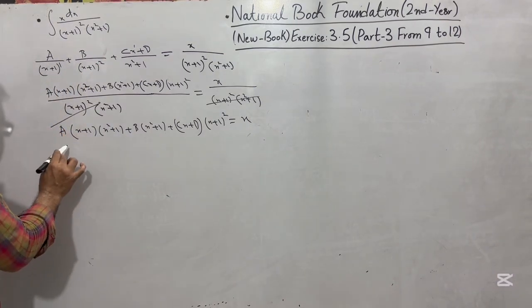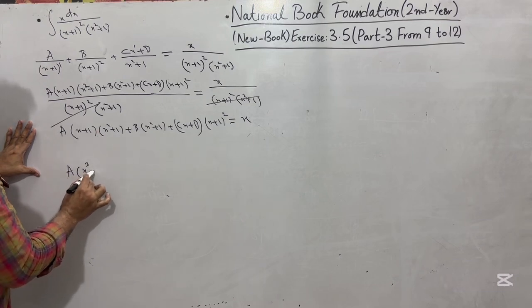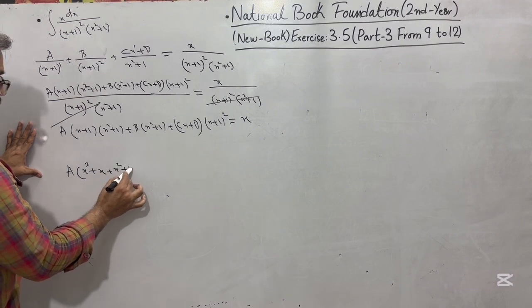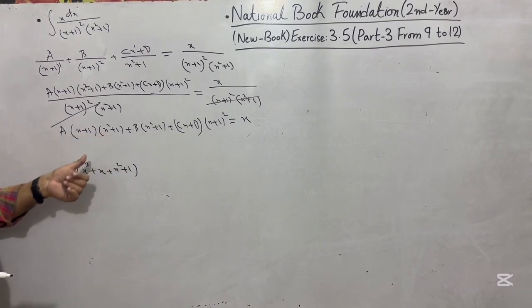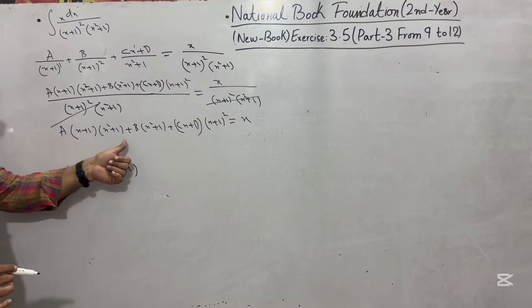Just multiply them. A times: x times x square is x cube, x times 1 is x, 1 times x square is x square, 1 times 1 is 1.